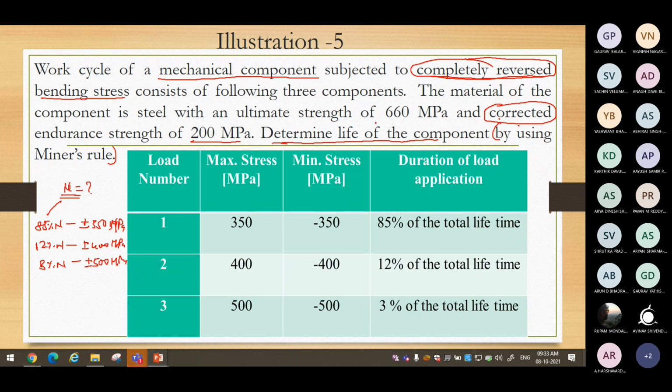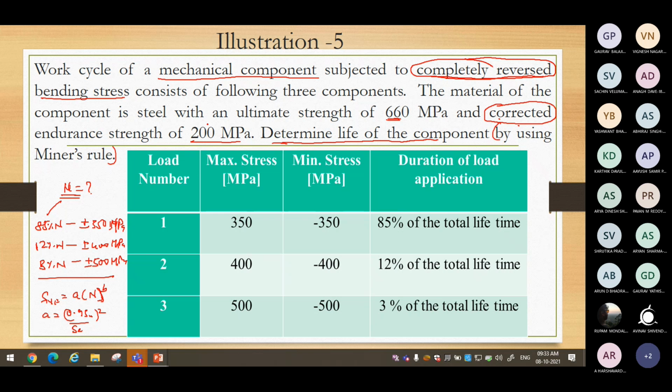Okay. So this information, 660 MPa and 200 MPa, is given for you to calculate the Basquin equation properties of the stress-life approach, the S-N curve properties. We can calculate A. You have the formula with you. You can straightforward calculate now: (0.9 SU) whole square divided by SE.